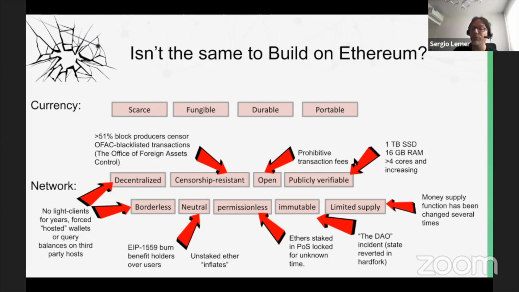For instance, it's not really immutable if the DAO incident reverted the state of the blockchain. And it's not really publicly verifiable if you need a huge computer with 1 terabyte of space and 16 or probably 32 gigabytes of RAM to run a node, right? So these currency properties are not free. So that's why we build on top of Bitcoin, but we need to build in layers, right? To make different trade-offs than the core Bitcoin makes, right?